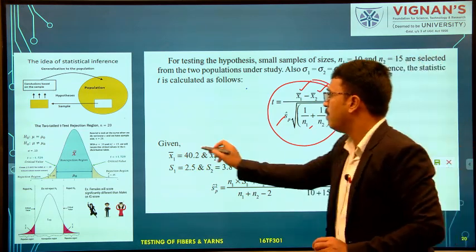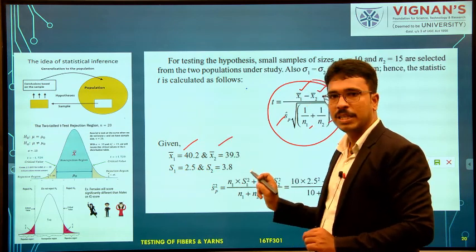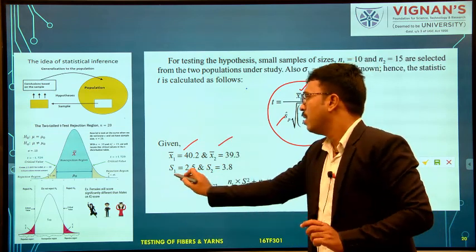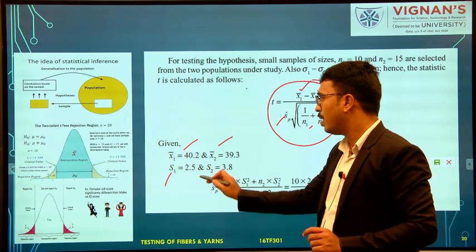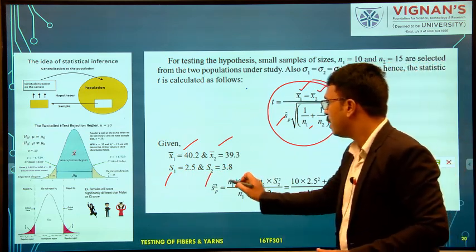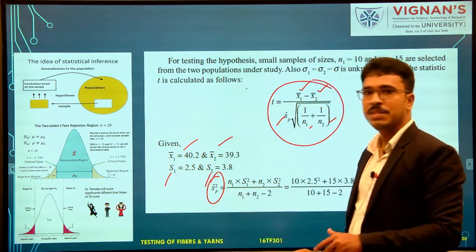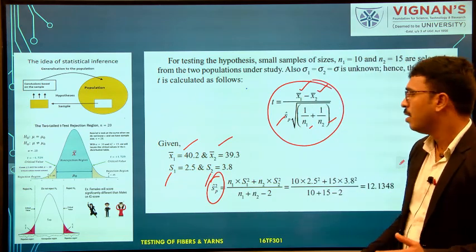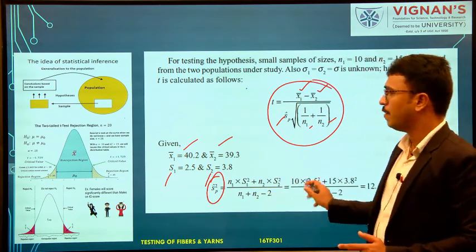So x1 bar is 40 and x2 bar is 39, which is already there. Standard deviation of sample 1 and standard deviation of sample 2 is given. From that, this S square, that is sample variance, we are finding out using this formula.